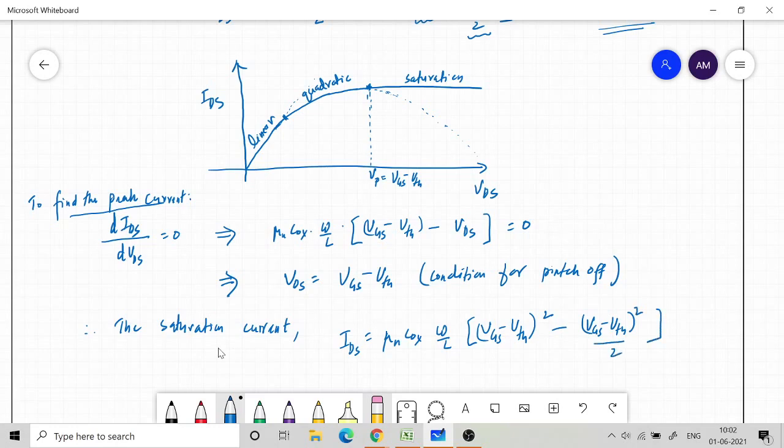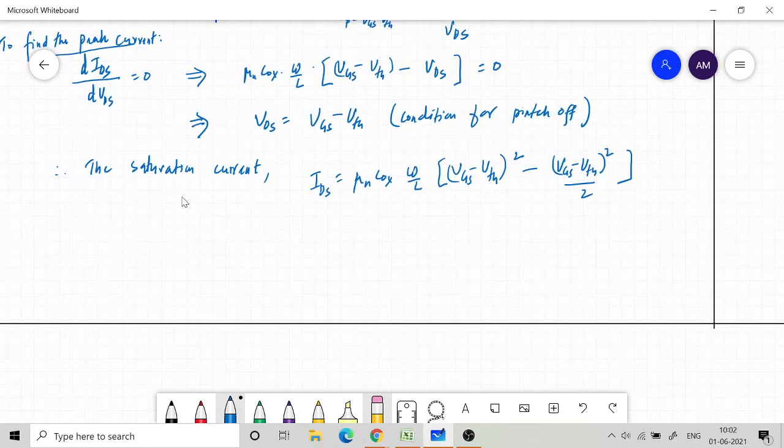So this is like s square minus s square by 2, so it can be written as s square by 2. So this is going to be mu n C ox by 2 into W by L into VGS minus VTH the whole square. This is going to be the saturation current, or you can call it ID sat, which is the common way. This is true when your VDS is greater than VGS minus VTH.